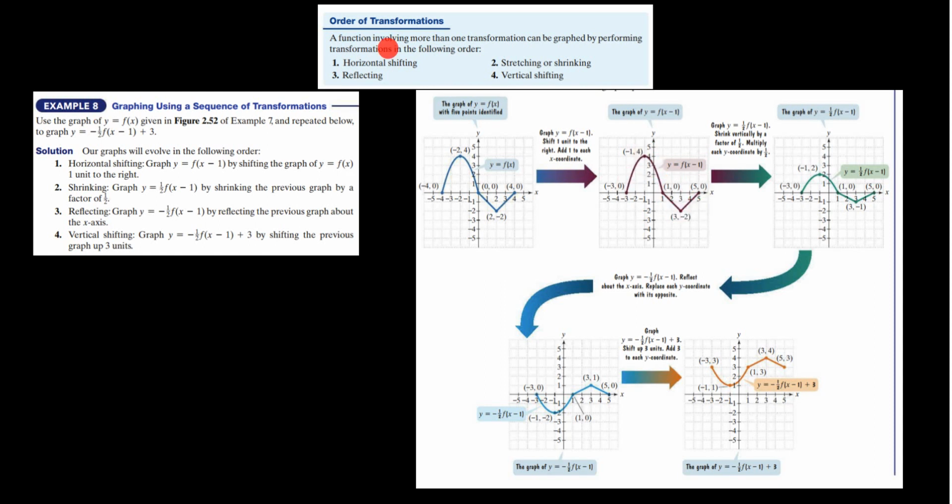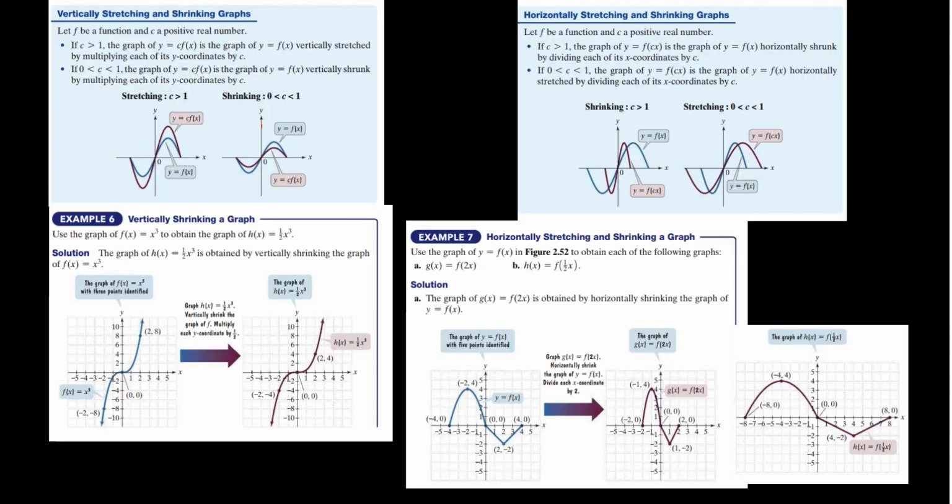Second is a stretching or shrinking. Looking at this particular function, we are multiplying the function by a negative 1/2. Now we're just looking strictly at the number. This is what I was trying to explain earlier with my constants here: notice how we don't even talk about negatives. That's because the negative will be in regard to the reflection about the axis.